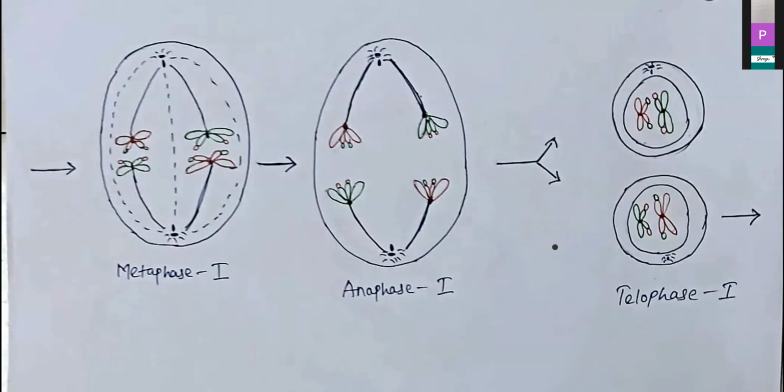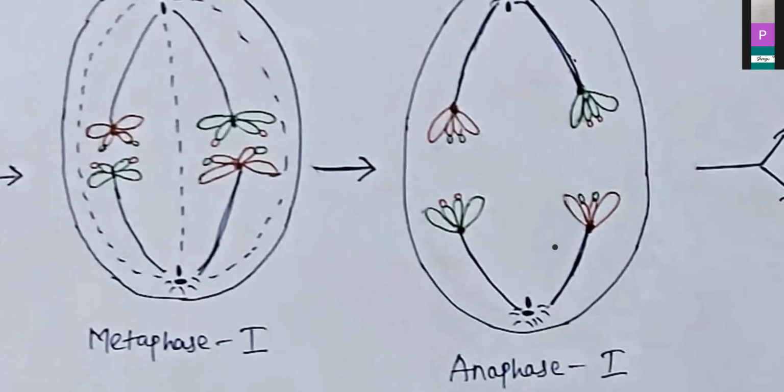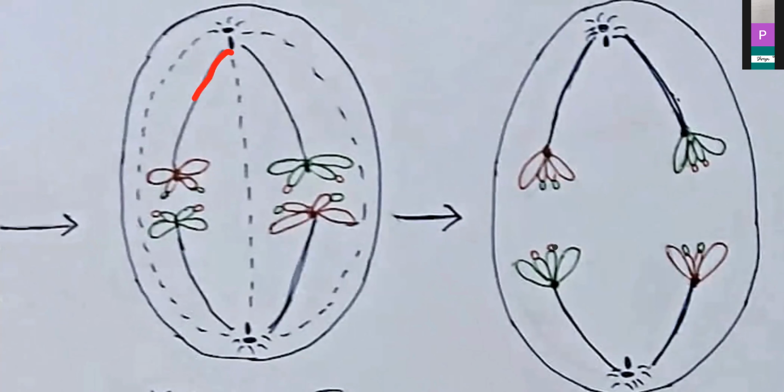And look at each pair: a microtubule comes and attaches to the centromere of a chromosome only from one side, one pole. These are the microtubules coming from the opposite pole. They attach to the pair of homologous chromosomes in such a way that one microtubule attaches to one member and the opposite microtubule attaches to the other member. That's the way the attachment takes place.